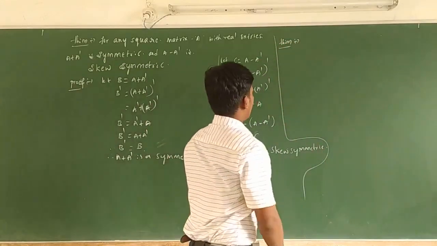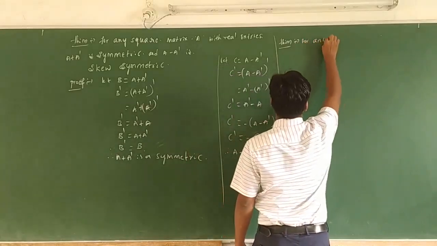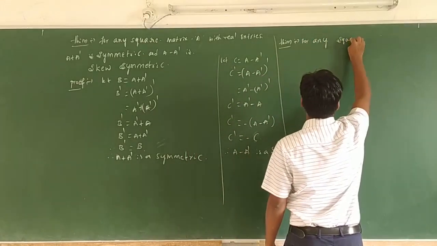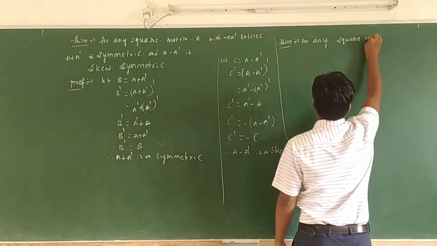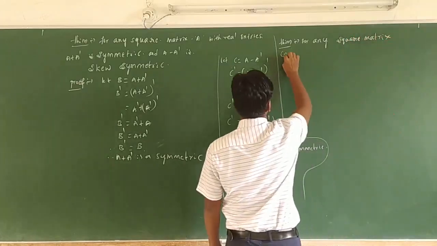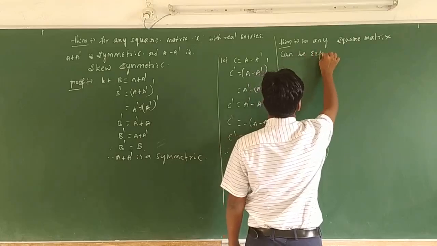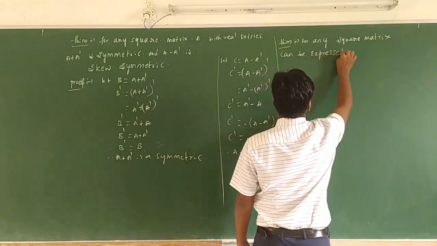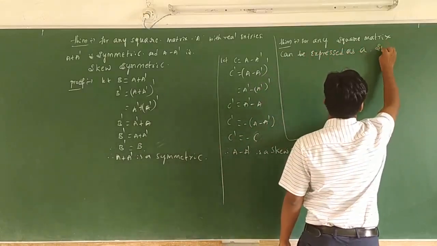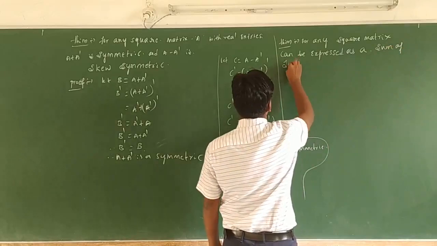For any square matrix can be expressed as a sum of symmetric and skew symmetric.